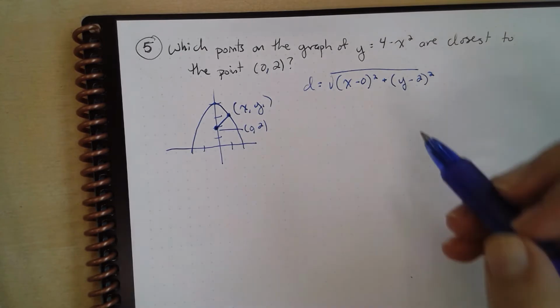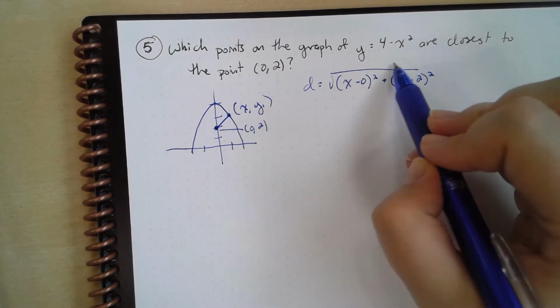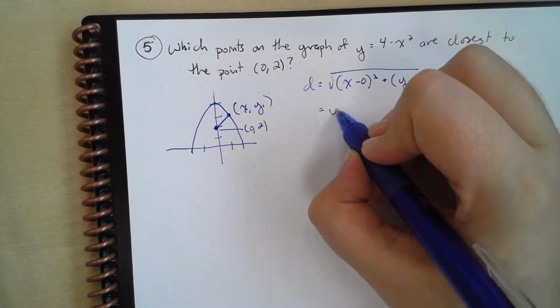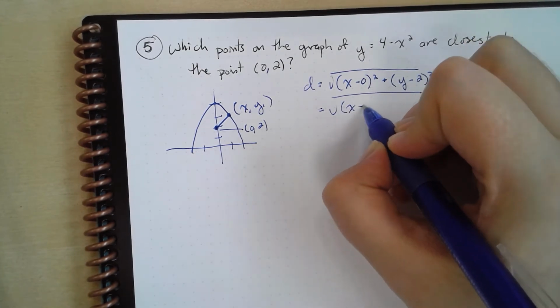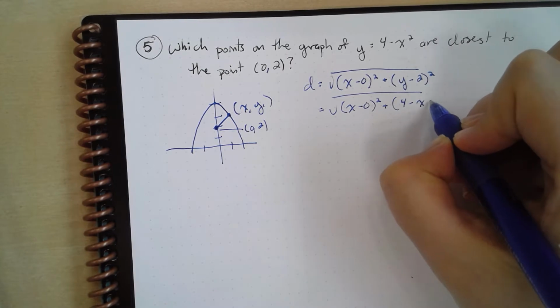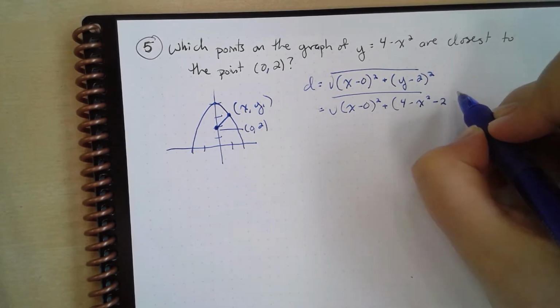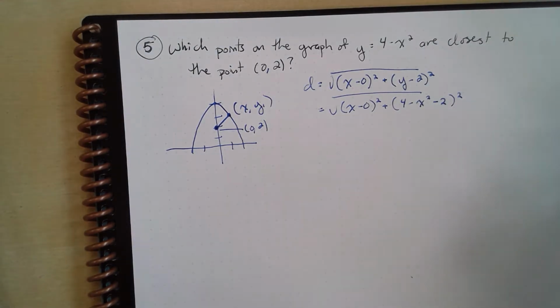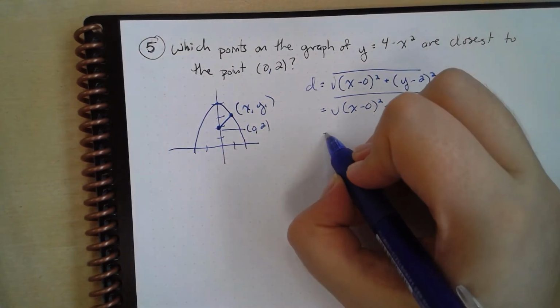Well, y is equal to what? We can actually substitute in for y. So our distance is equal to the square root of x minus 0 squared plus 4 minus x squared minus 2 squared. Does that make sense so far? All right, so I'm going to clean this up a little bit.